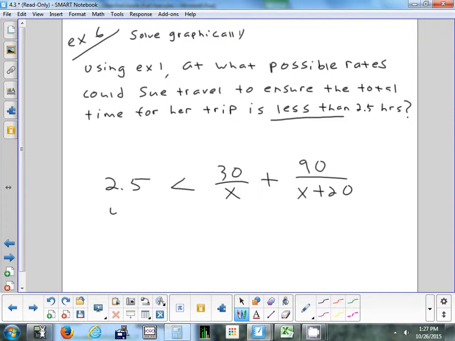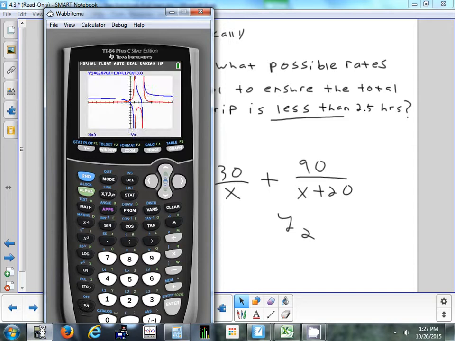I would put this in y1 and put that in y2. Let's see what we got. All right, so we got 2.5 and 30 over x.